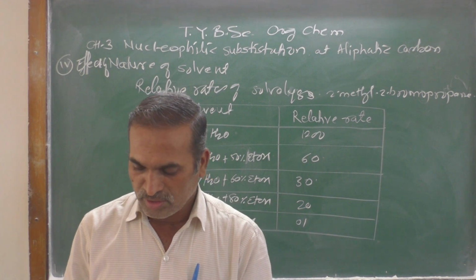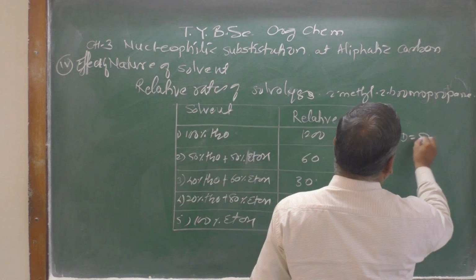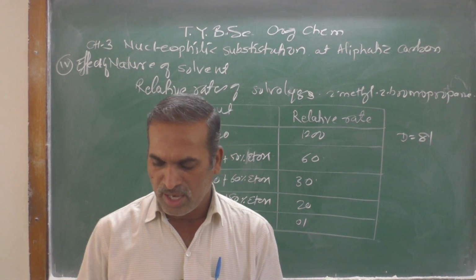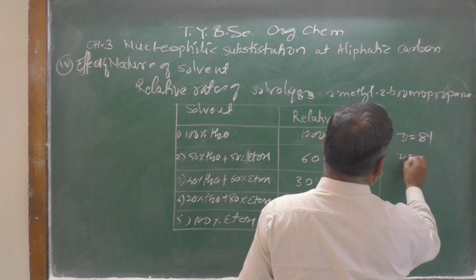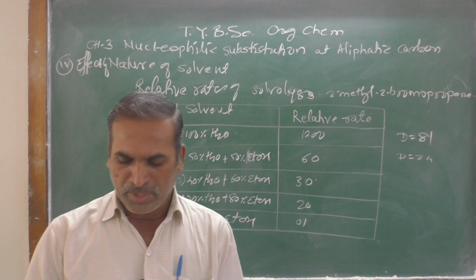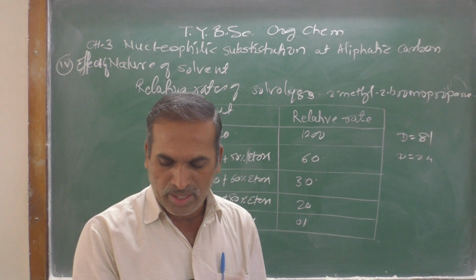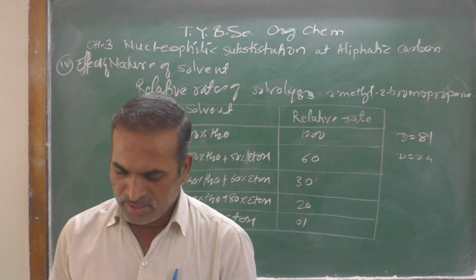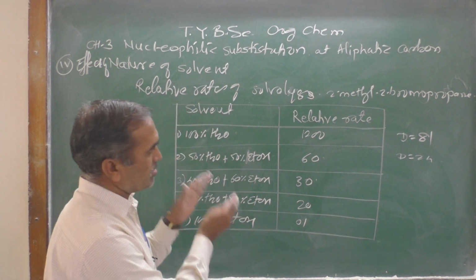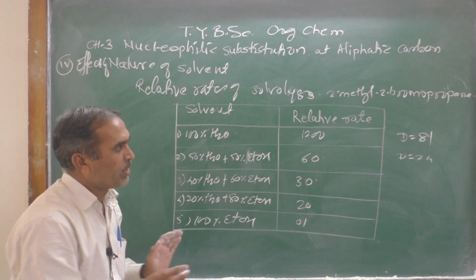Water is more polar, having dielectric constant D equal to 81, as compared to ethyl alcohol, which has a dielectric constant of 24. Therefore, as the percentage of water decreases, the polarity of the solvent decreases, hence the SN1 rate also decreases. This is the trend we can infer here.